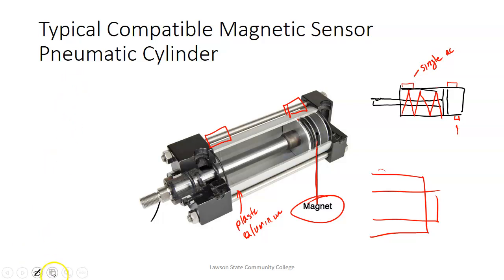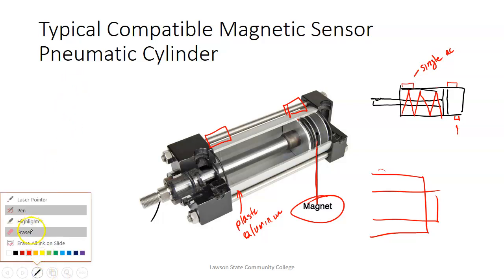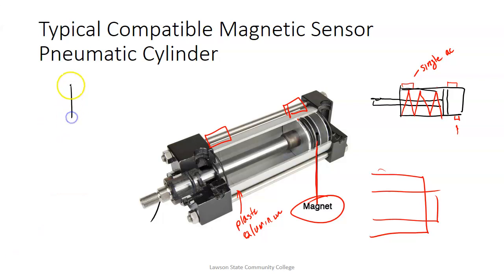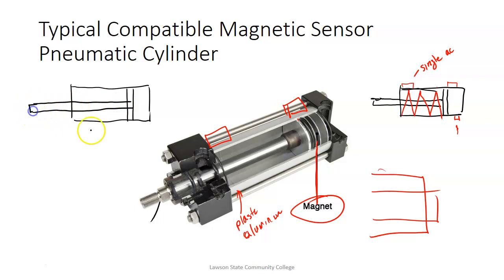A double acting cylinder would be a cylinder. So we'll redraw the same thing, and then we'll draw the piston, and then we'll draw the rod. Now I'm not erasing that. And then we have an inlet right here, and we have an inlet right there.